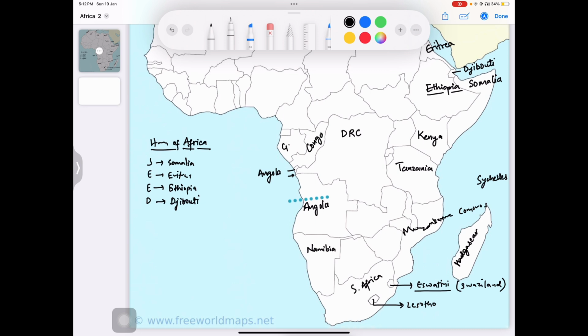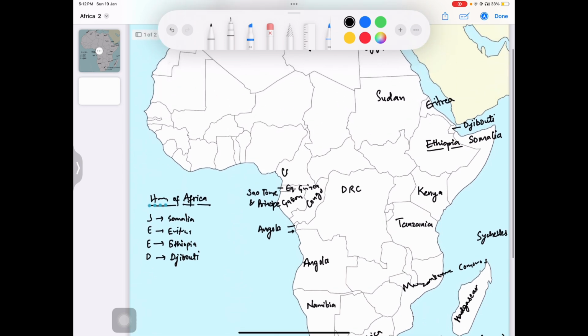This is Gabon, or whatever you pronounce it. This one is Equatorial Guinea. And somewhere here we have São Tomé and Príncipe.